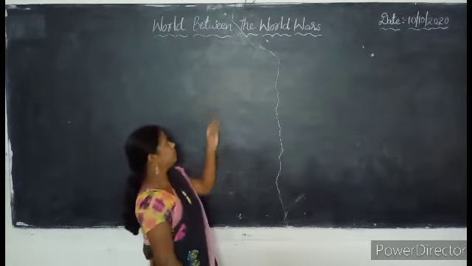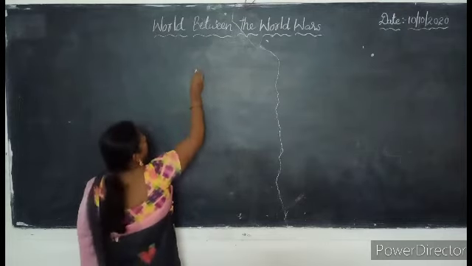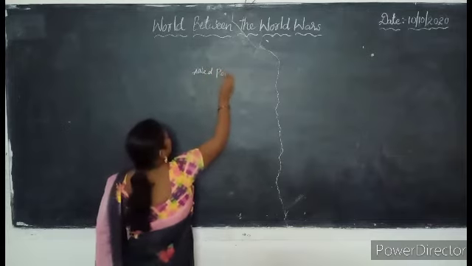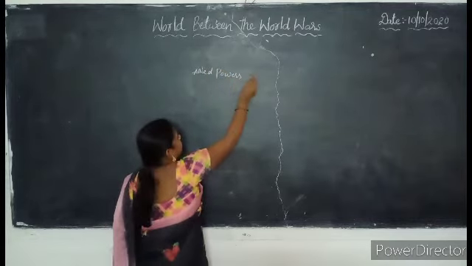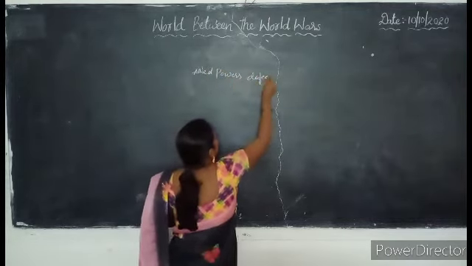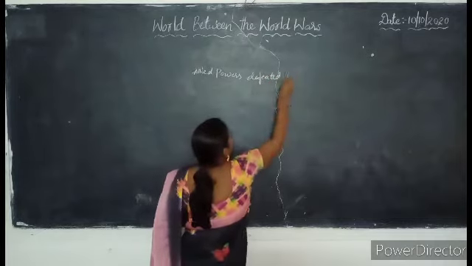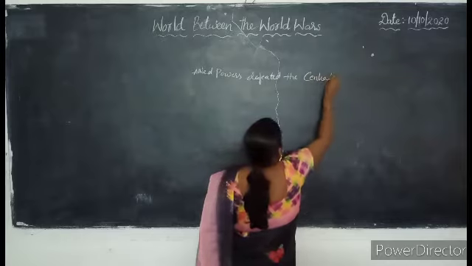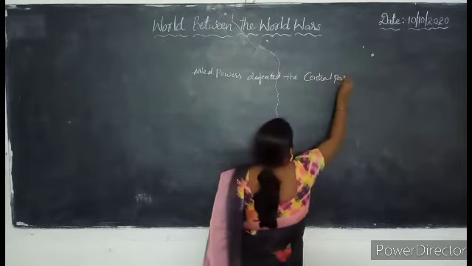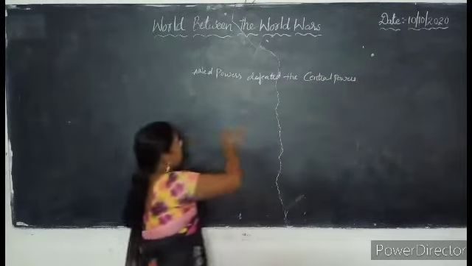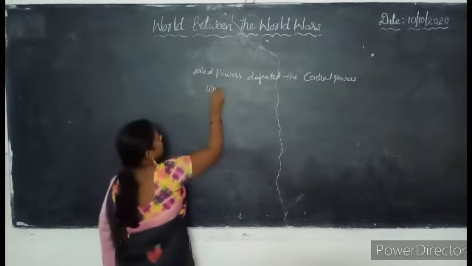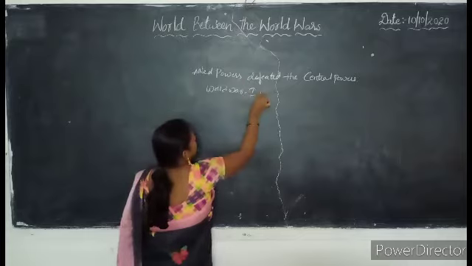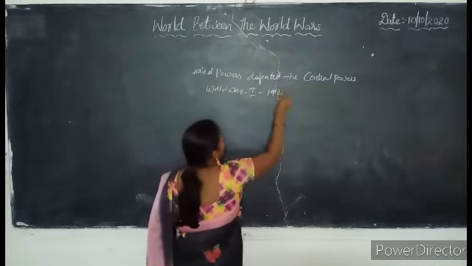So the Allied powers defeated the Central powers. As you know, World War I started in 1914.